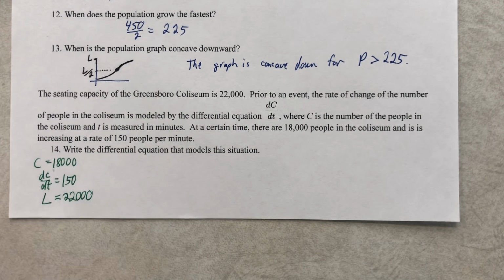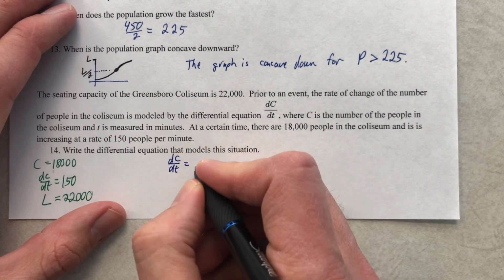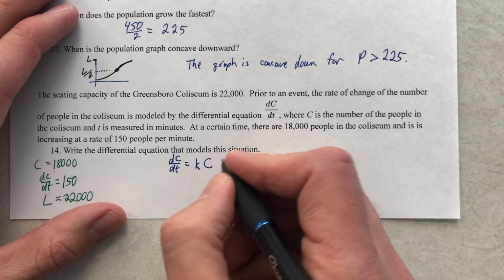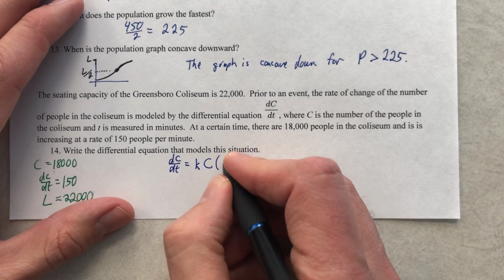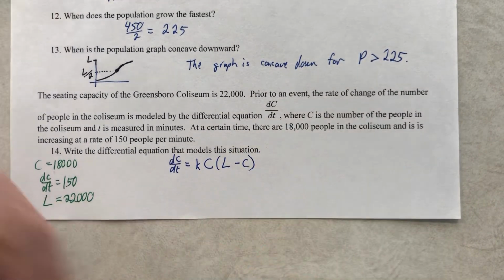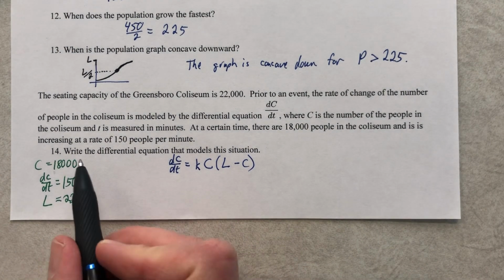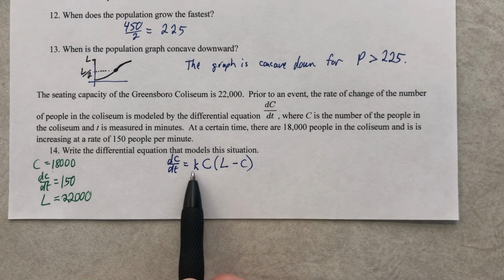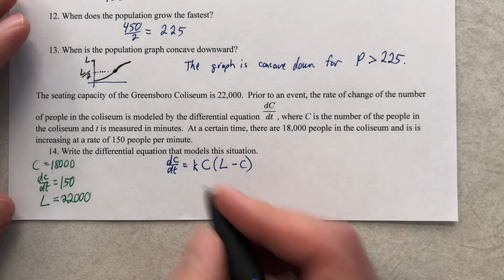So let's start writing the formula. dC/dt equals k times C, normally the population, or y on the very front of the page, and then the carrying capacity minus the population. And so we'll just plug things in and see what we need, because they want us to write the differential equation, which means we need L and we need k. And we know L, so clearly we're going to be finding k in this circumstance.